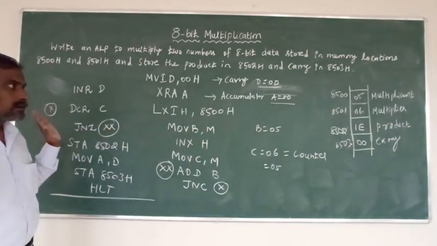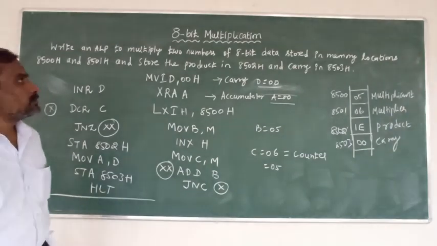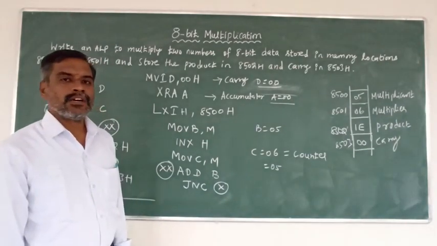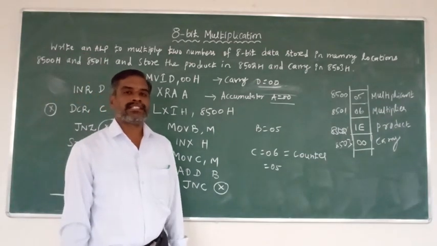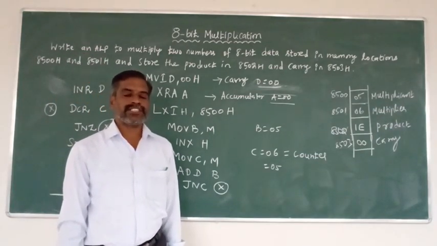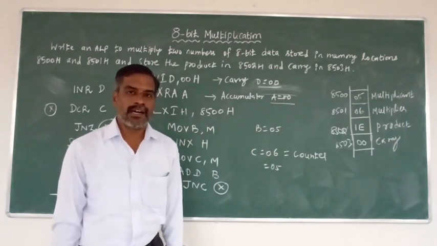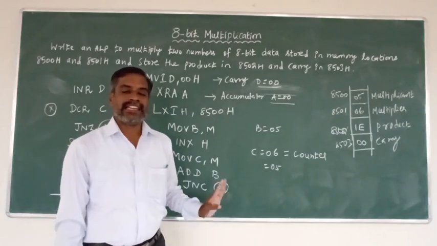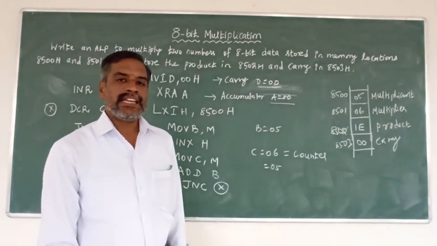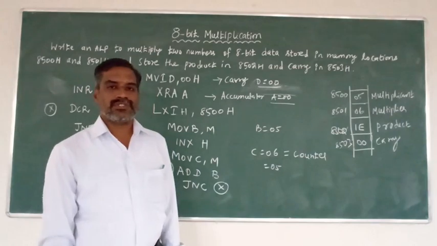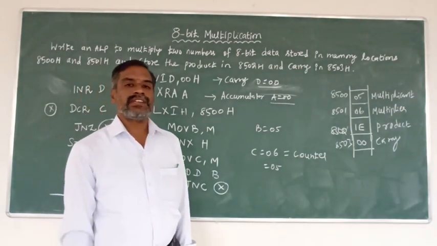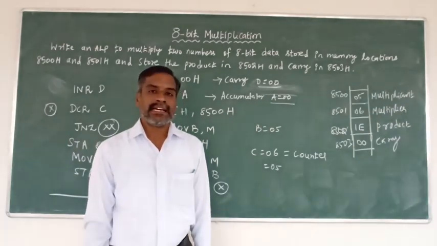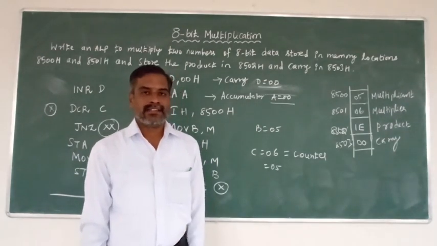This is the concept of 8-bit multiplication. We use the repeated addition concept, fix any one data as the counter, and initially clear any one register to 00 to save the carry status, as well as clear the accumulator content.